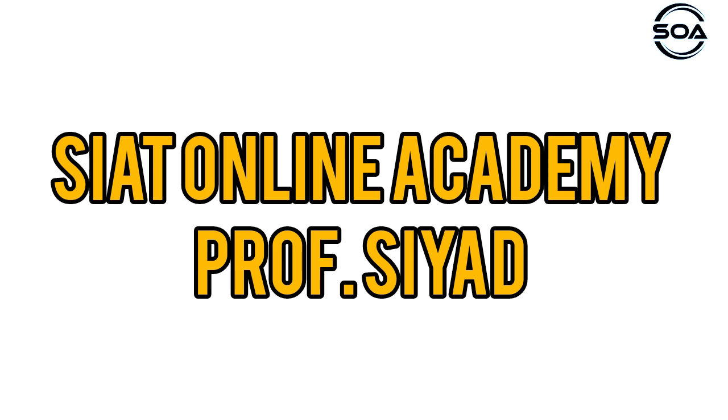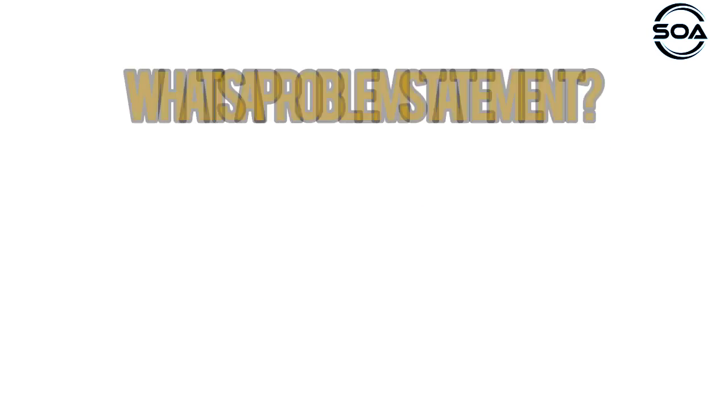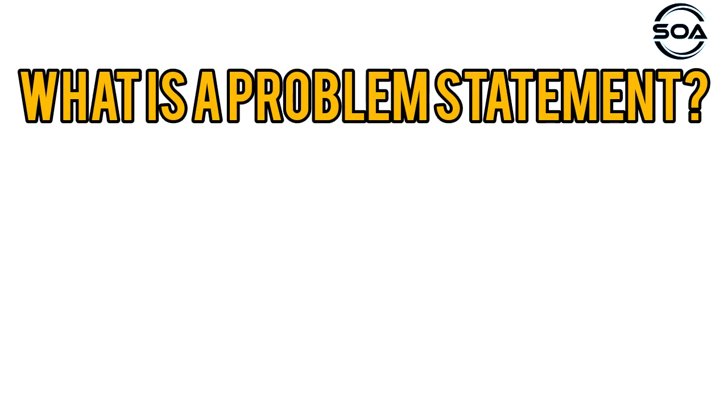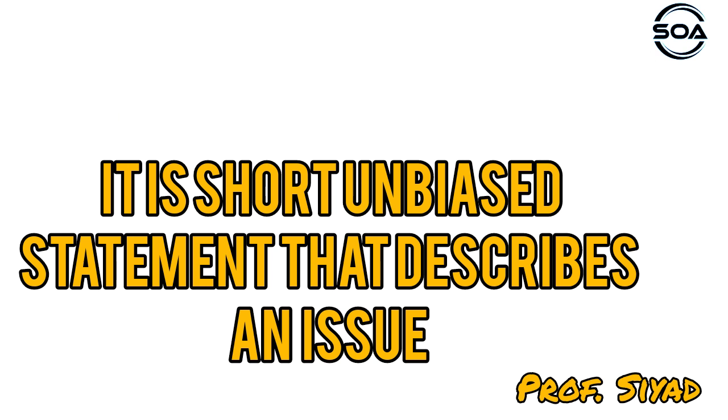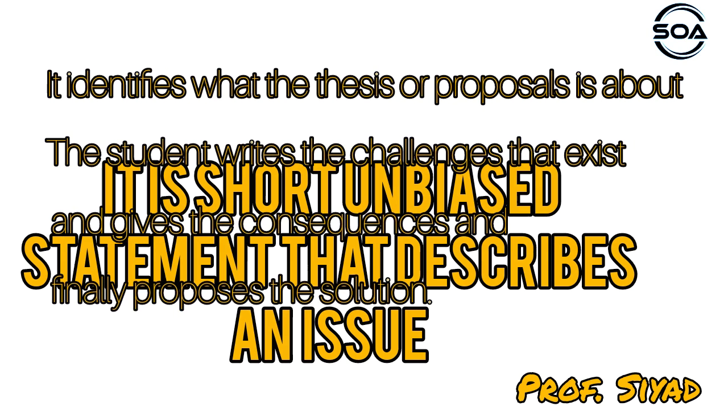First of all, what is a problem statement? Usually a problem statement is a short and unbiased description that consists of one or two contextual sentences. So the problem statement is the place where students describe the problem, the challenges or issues, or process improvement that your thesis or your project needs to address.